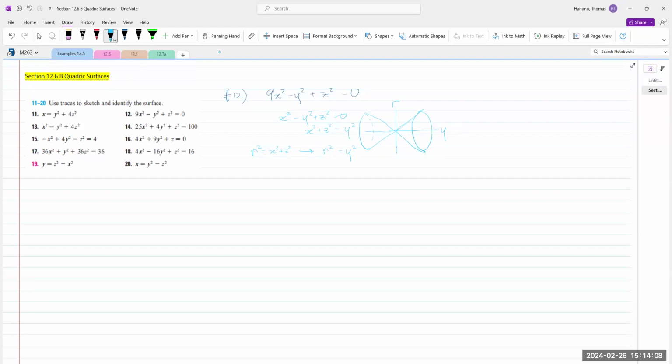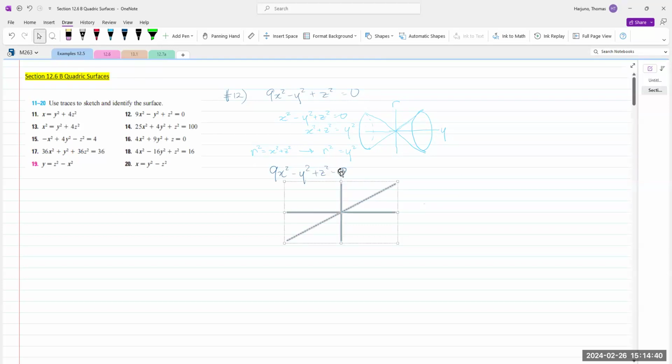Now, this 9 here is just the scaling. In other words, if we go back to 9x squared minus y squared plus z squared equals 0, it will give us a cone parallel to the y-axis, and then it looks like this.